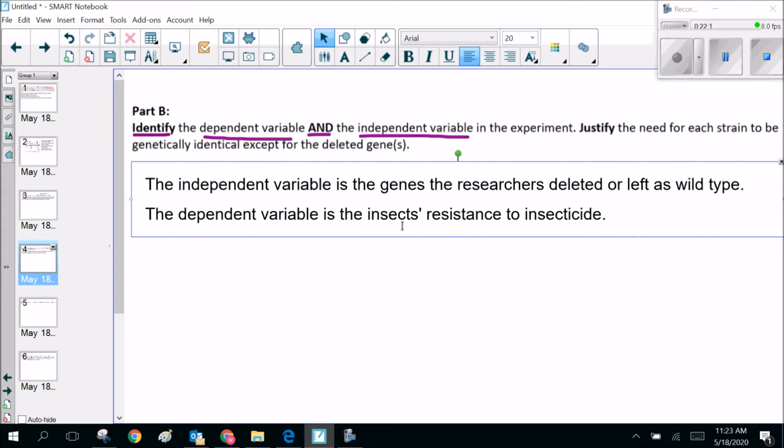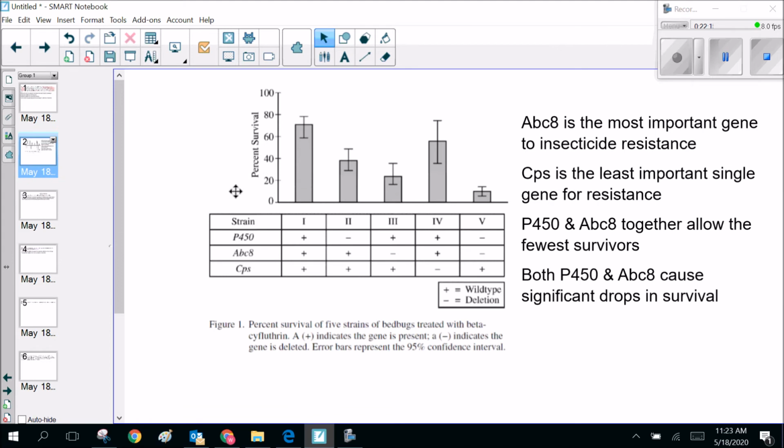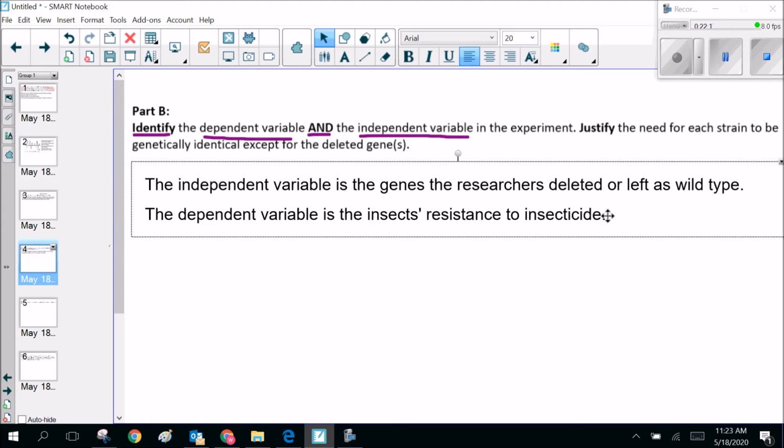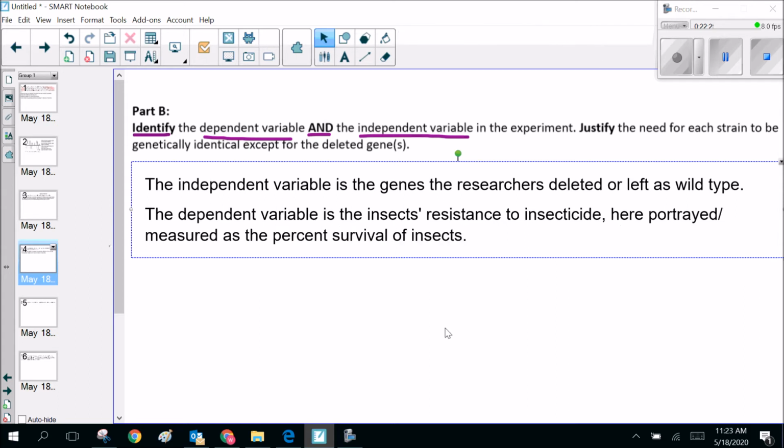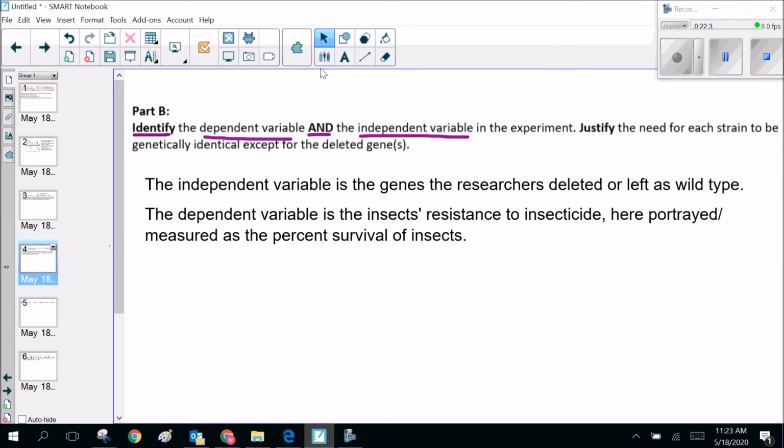It's true that it is resistance to insecticide, but when we look at how it's defined in terms of the graph, it's the percent of insects that survive. Okay, so we can say here portrayed or measured as the percent survival of insects. Okay, I'm just making sure to add that so that I can cover all my bases. So we've gone ahead and gotten those 2 points. Very easy because we already did it before.